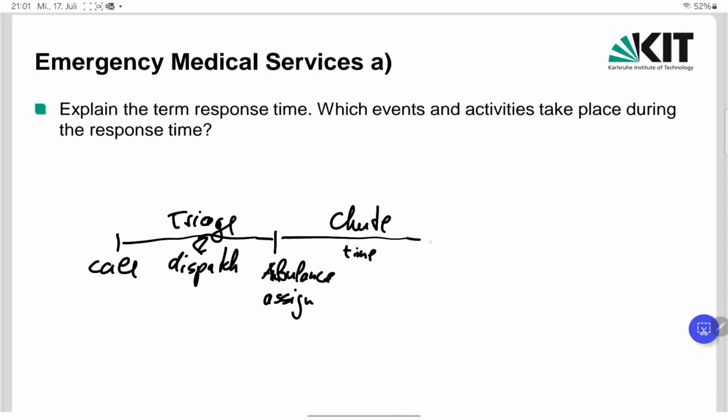So everything that is necessary for the call. And then the ambulance departures.